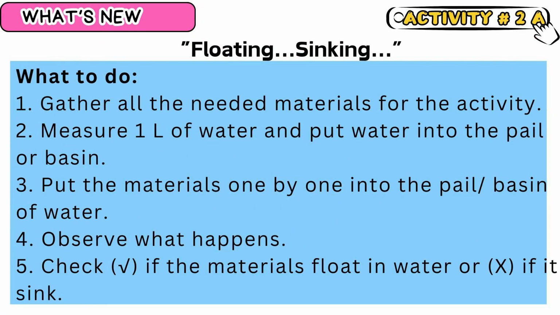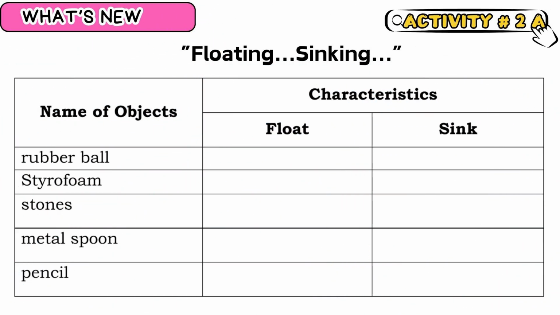Here are the steps for this activity. First, gather all the needed materials for the activity. Second, measure 1 liter of water and put water into the pail or basin. Third, put the materials one by one into the pail or basin of water. Fourth, observe what happens. Now, let us complete this table by putting a check if the materials float in water, or cross if it sink.